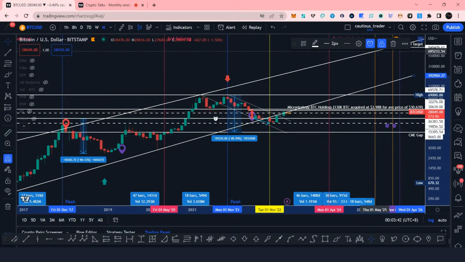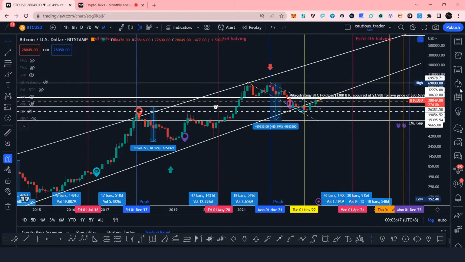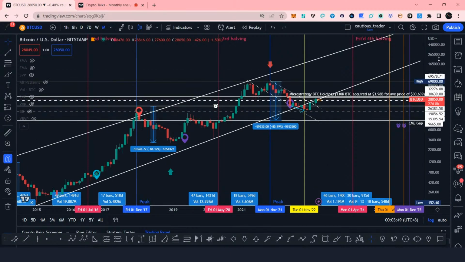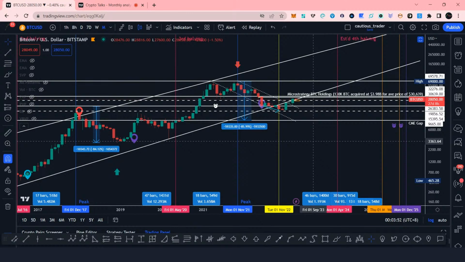Actually, I already locked it and I have an alert on it so that it will not change once I do my analysis.